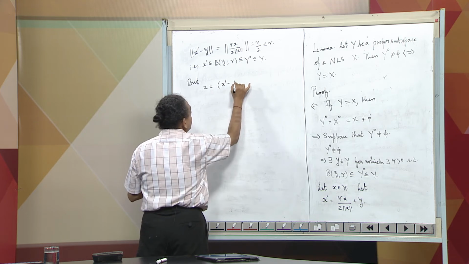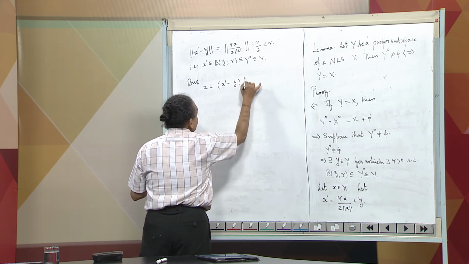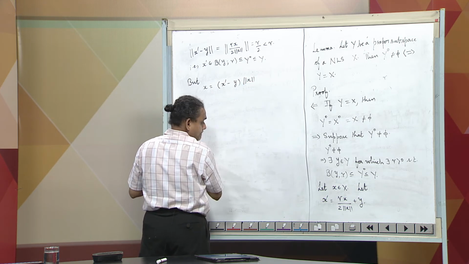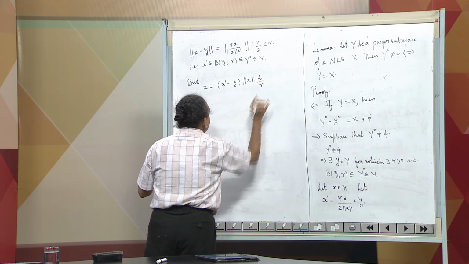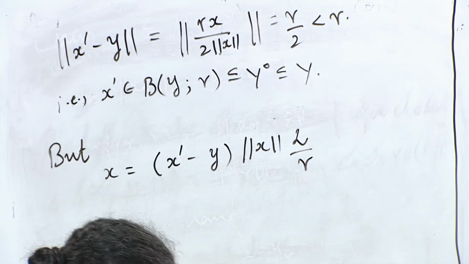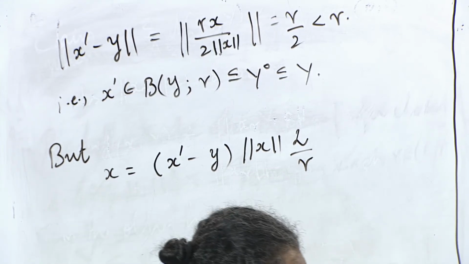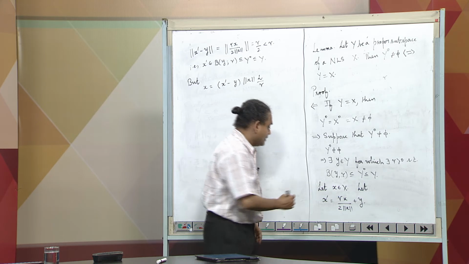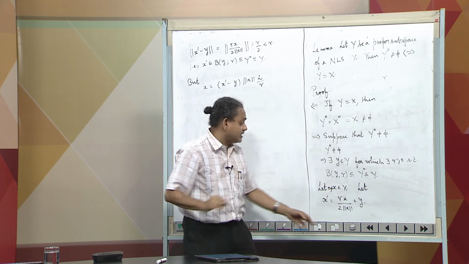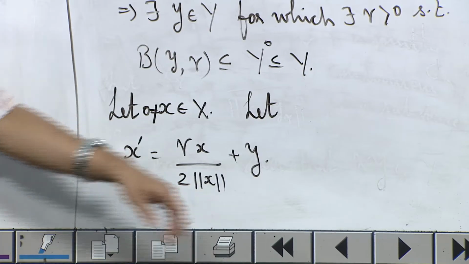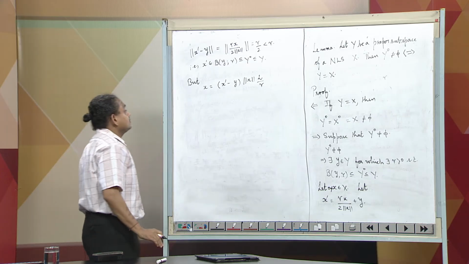x dash minus y, into norm x, times 2 by r. A simple observation, maybe it is worth observing that if x is 0, then there is nothing to verify. So, let me add here that it should be non-zero, that is the most important, otherwise you cannot divide by its norm, right.